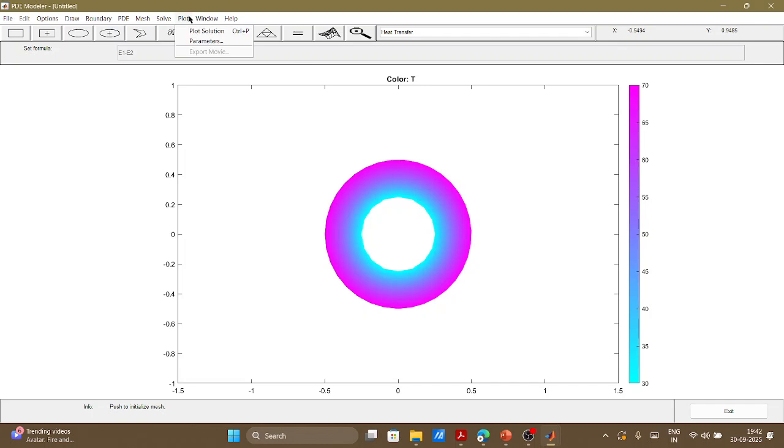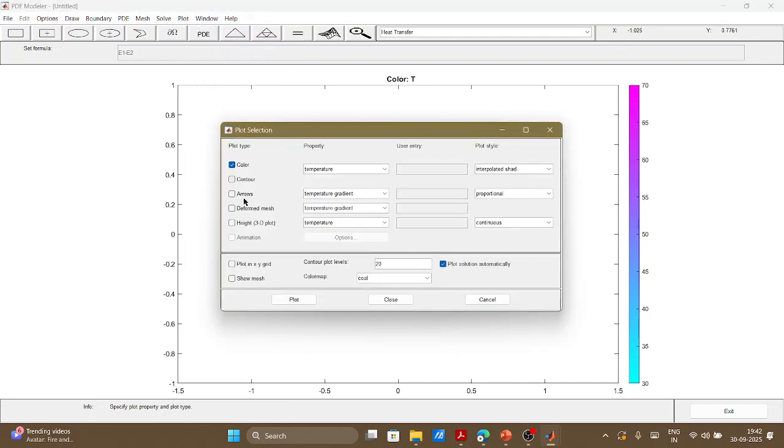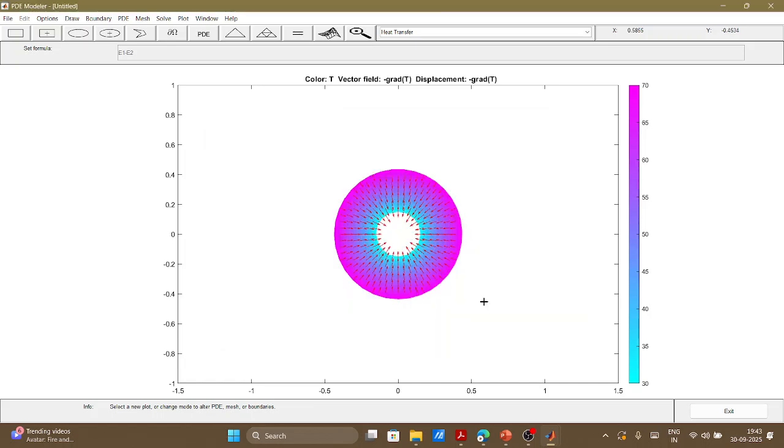Okay, you can further look into the different parameters. So let's look at the temperature gradient arrows, okay, and the 3D plot. See, this is how it looks like. So your heat is being transferred from outside to inside, right?